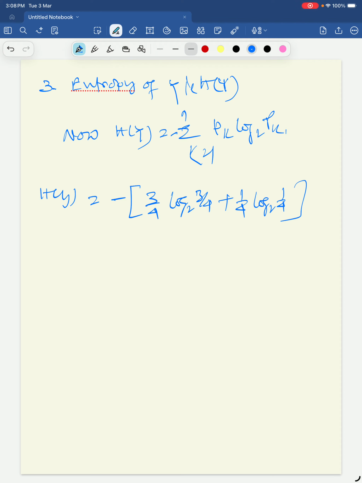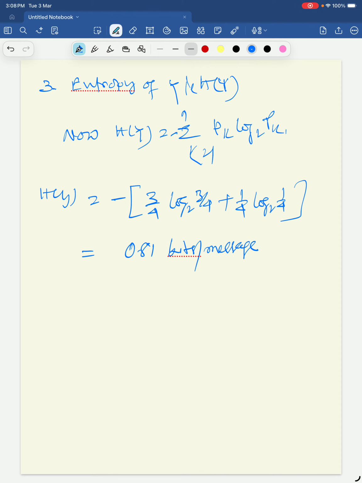So now you want to calculate it. What should be the result? Please calculate it; you can pause the video and try to solve the numericals. If you calculate it, it will give you 0.81 bits per message.